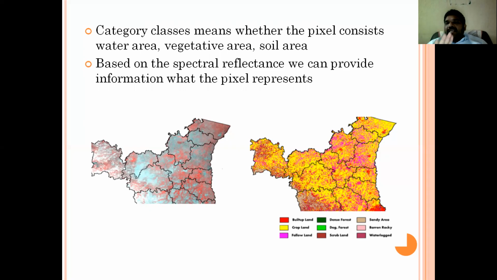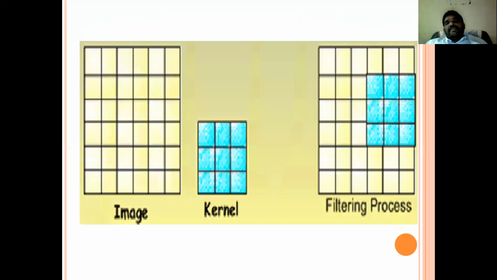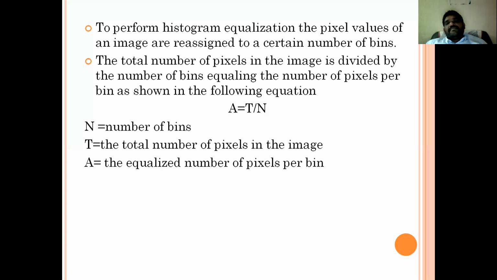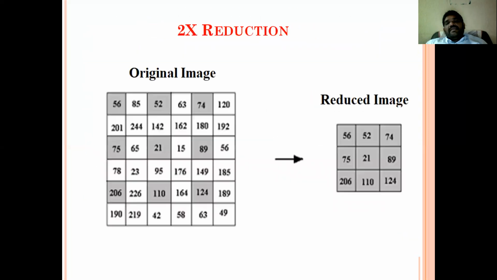See, based on the spectral reflectance, we can provide information on what the pixel represents. Based on the pixel resolution, we can represent what type of class it is. Is it possible?